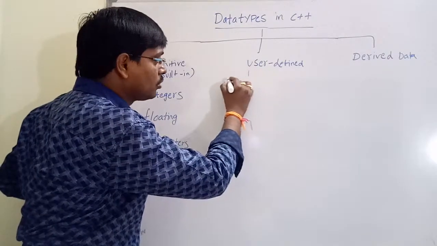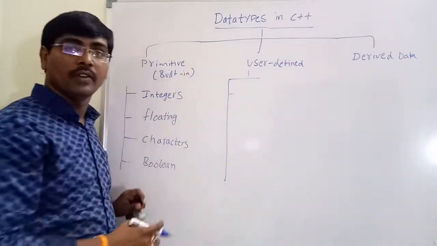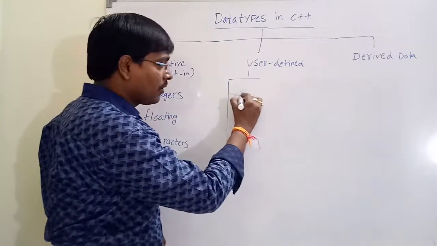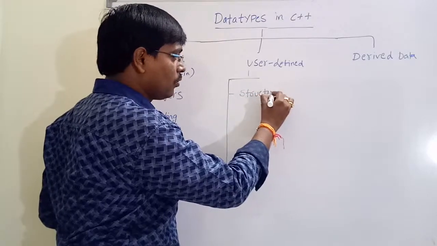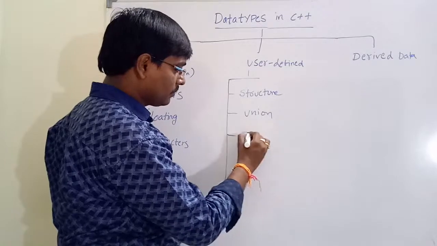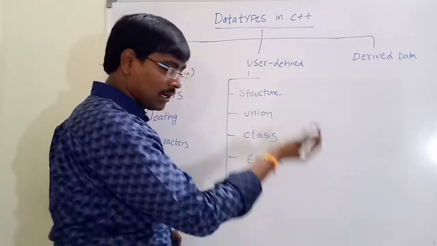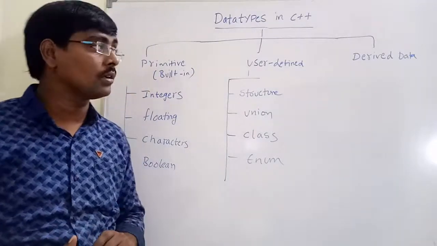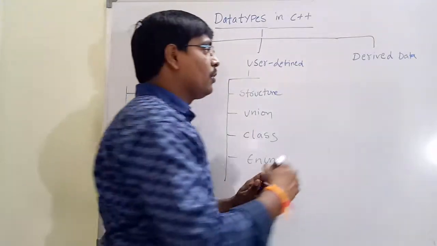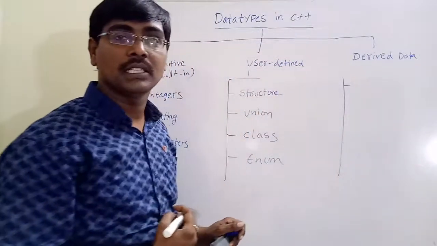Under user defined data types, the user defines their own data types, for example structure, union, class, enum, typedef, etc. Derived data type, we are deriving a new data type from the primitive basic data type.